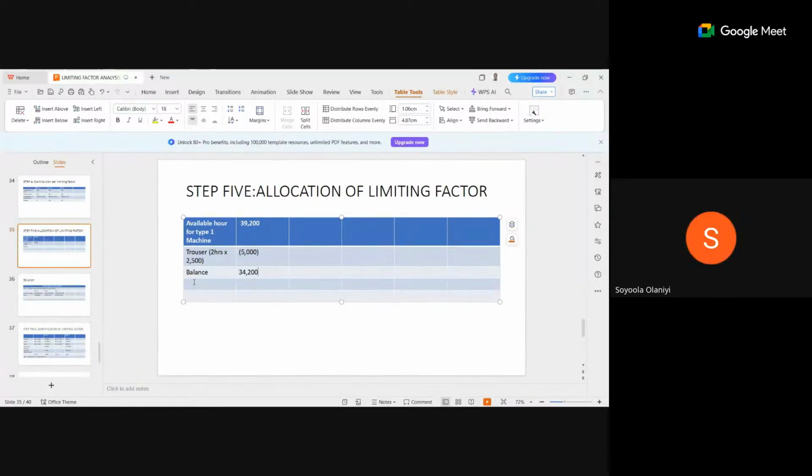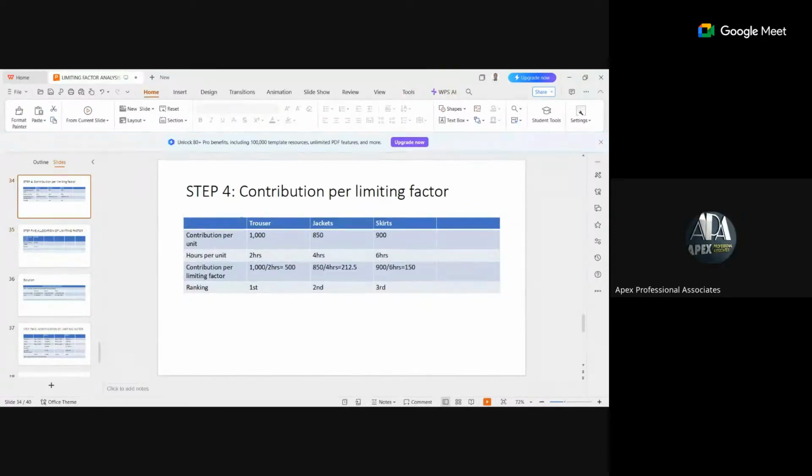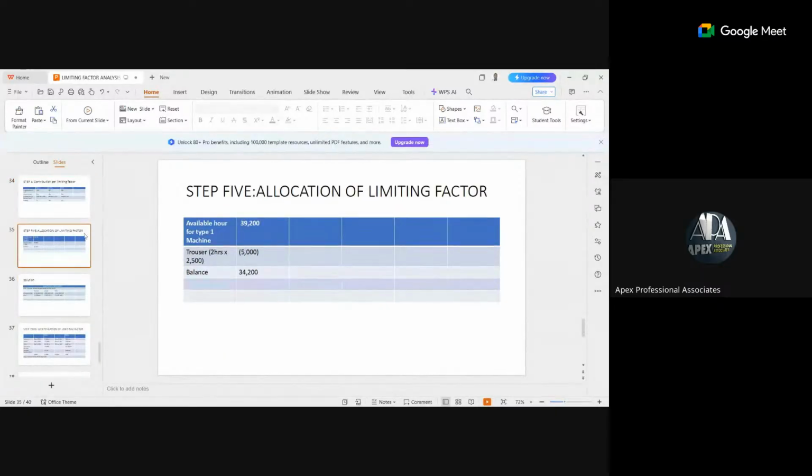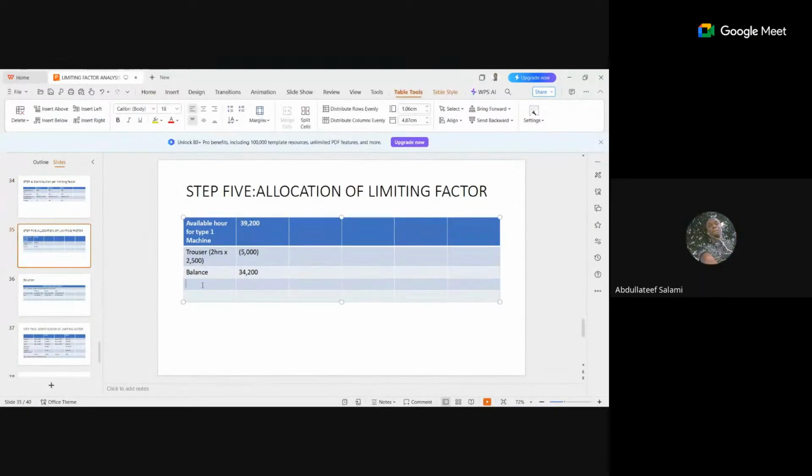The next ranking product is jackets. How many do we need to produce for jackets? 2,600. For jackets, we have 4 hours for 1 unit, multiplied by 2,600 units. 4 hours times 2,600 is 10,400.